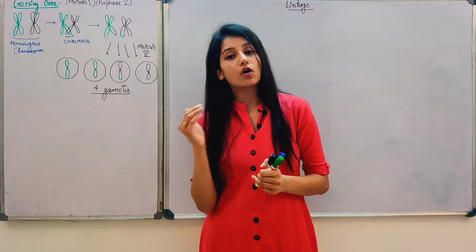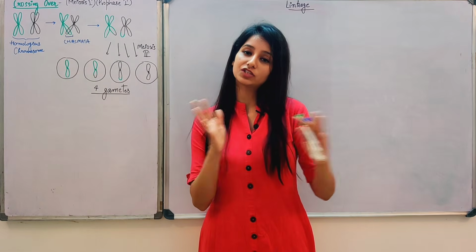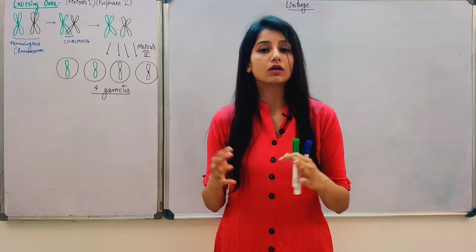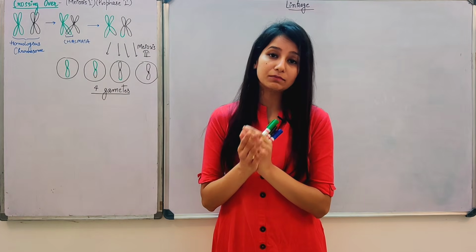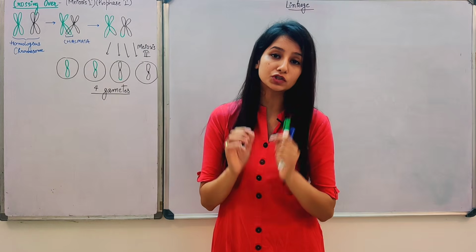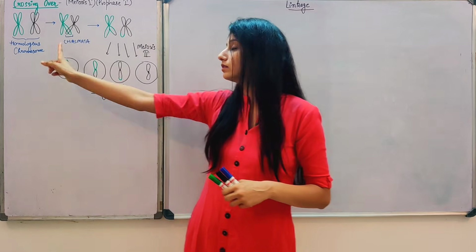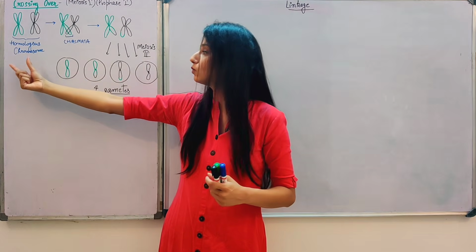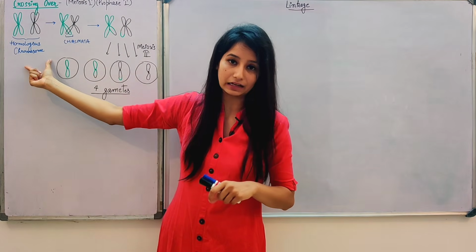So let's first recall crossing over and then we'll jump to the actual topic, that is linkage. So what is crossing over? Crossing over is the exchange of genetic material between two homologous chromosomes. As you can see in this image that I have drawn, there are two homologous chromosomes present. One is of green color and one is of black color.